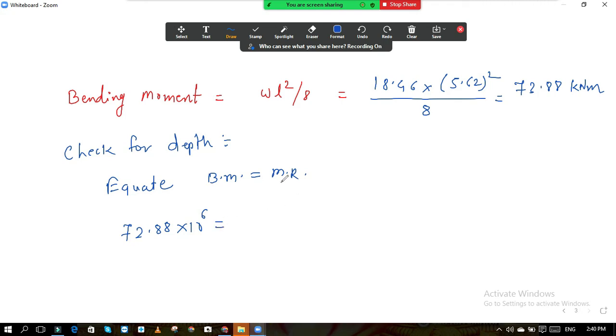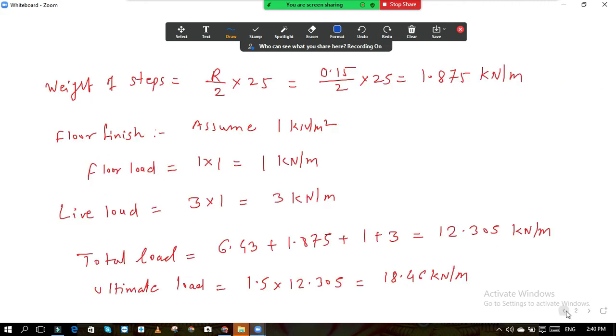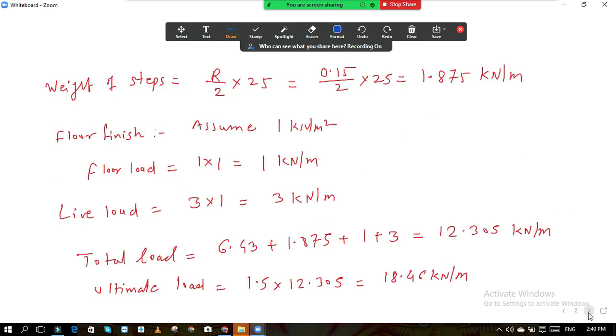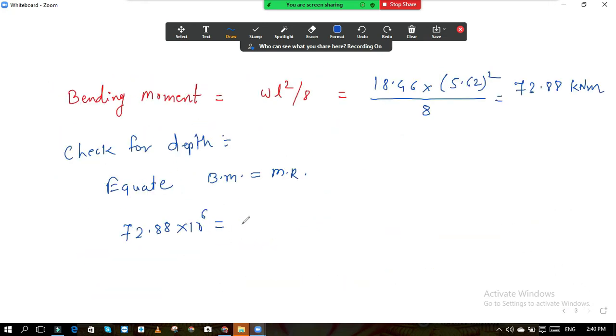MR is the moment of resistance. What is the grade of concrete and steel given? I think M20 and Fe415. So it is 0.138 FCK B D square. This is your required depth.